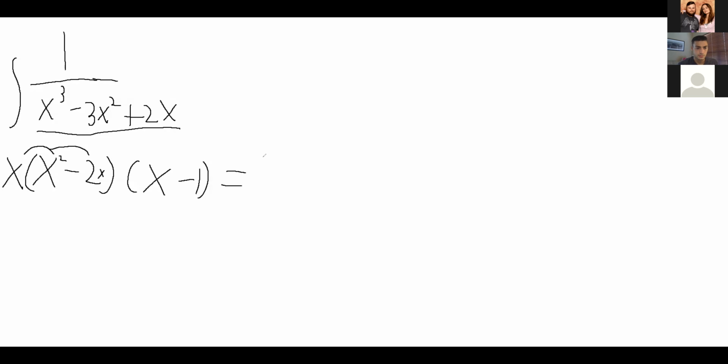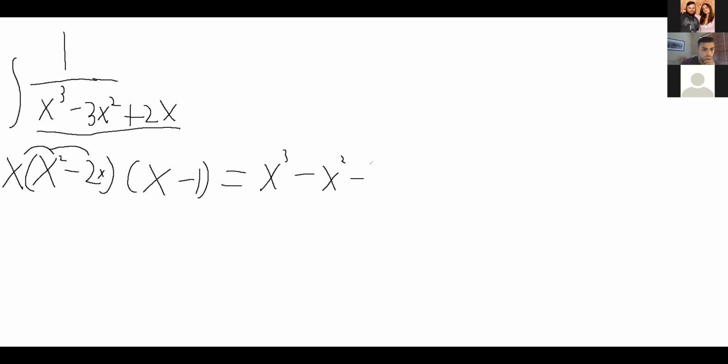So that'll be x to the power 3, negative x squared.